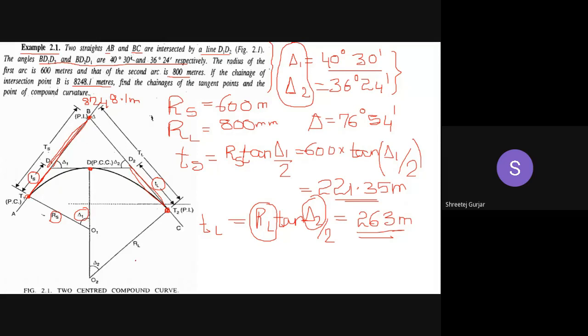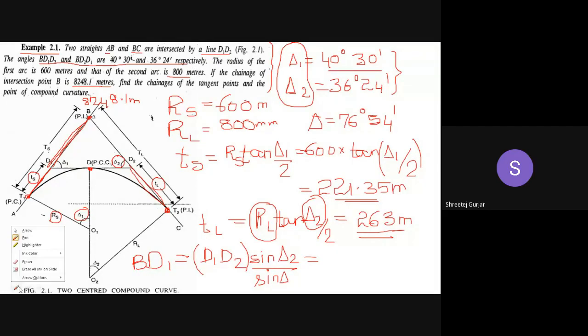BD1 is equal to D1 D2 sine delta 2 divided by sine delta. If you want to find the length of this tangent, D1 B, you have to consider the opposite delta. So you can substitute now. What is D1 D2? It is indirectly given to us. Let me clear this.